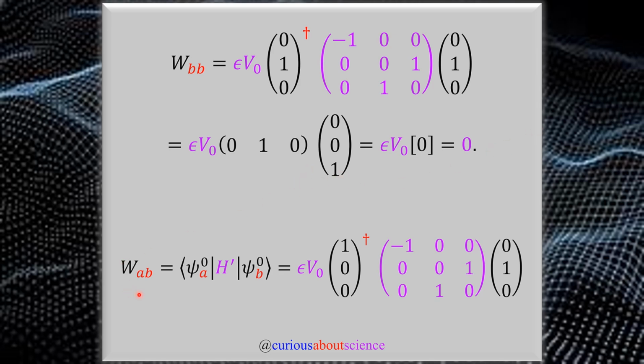And then here, we only need to calculate the interaction between A and B due to the fact that we could use our friend again in the fact that Wij is equal to W star Ji. And because these are all real values, we're good to go.